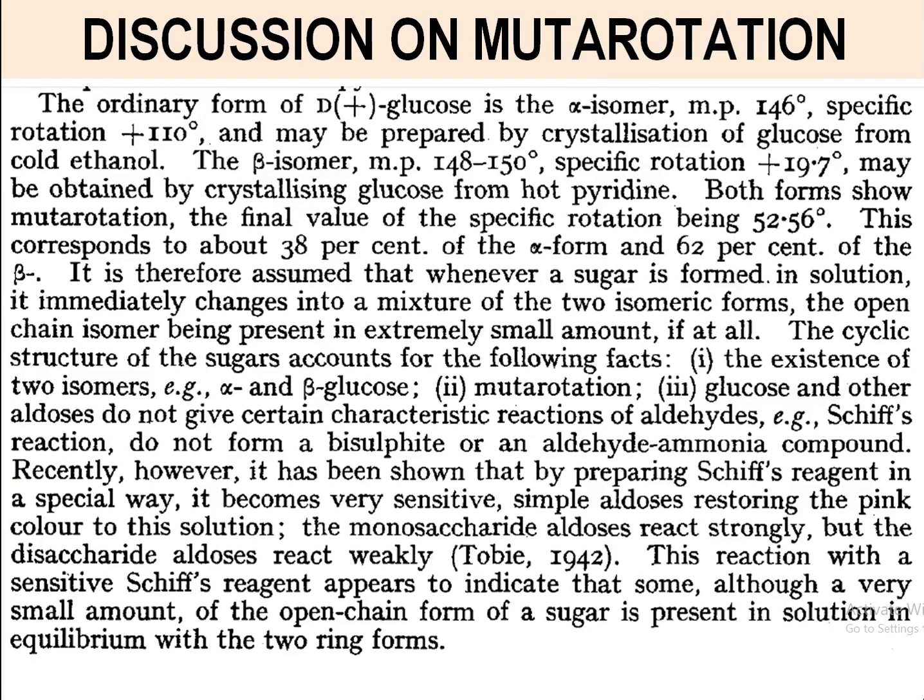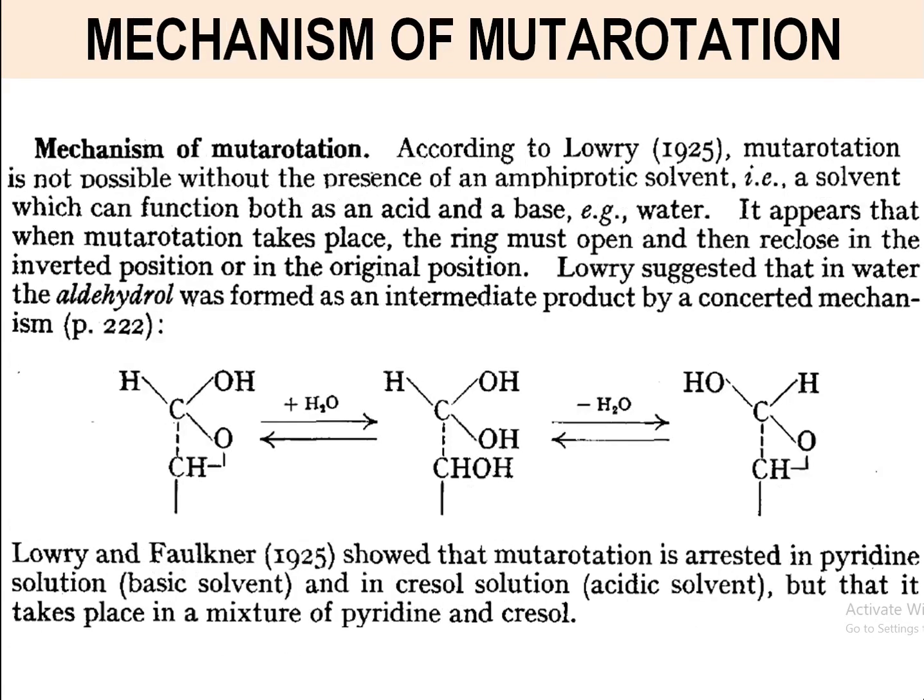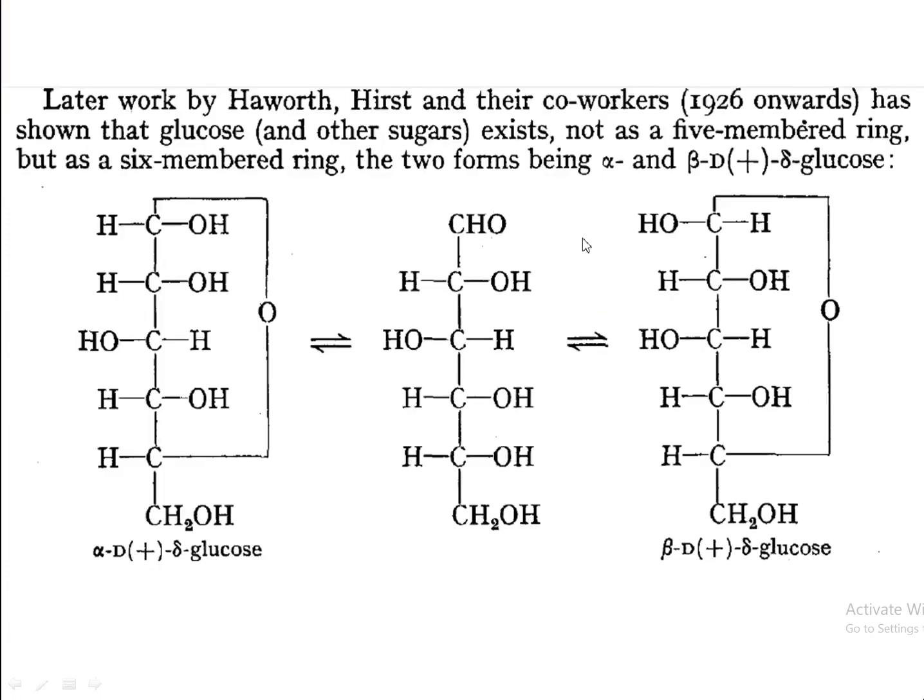The conversion of beta to alpha or alpha to beta occurs by a ring opening system, which requires both acid as well as base. So thank you for your kind attention. In the next lecture, we will learn how to determine the ring size, as we have learned here that it is not a 5-membered ring but a 6-membered ring of glucose, and the two forms are alpha and beta glucose. So thank you.